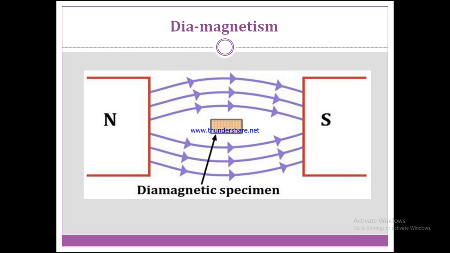Now the diamagnetic materials are the magnetic materials which have a negative value of susceptibility in the range of 10 raised to minus 4 to 10 raised to minus 6.